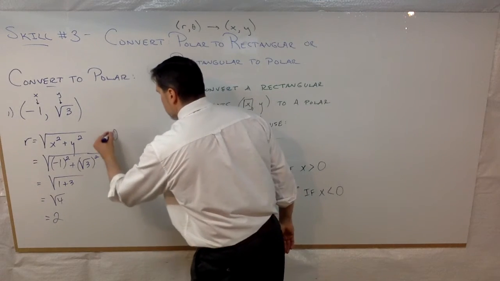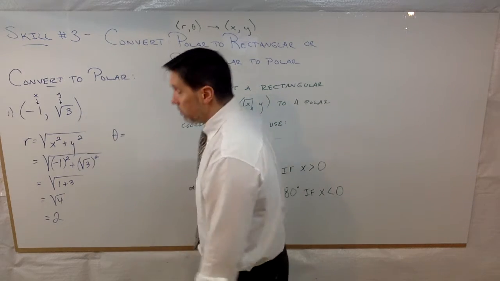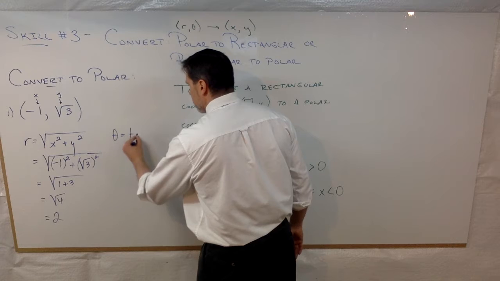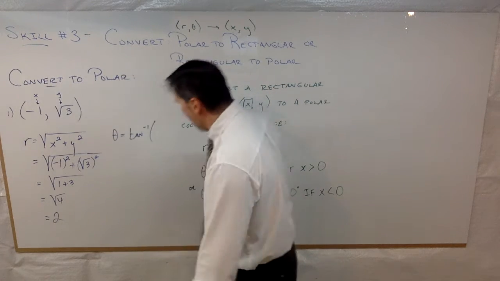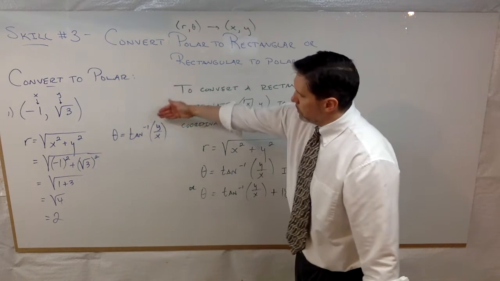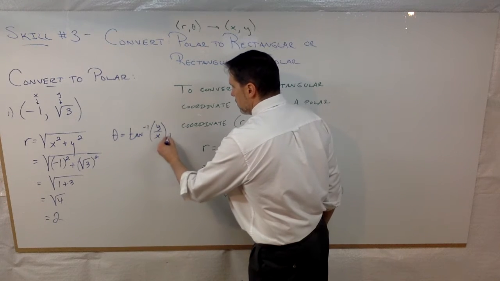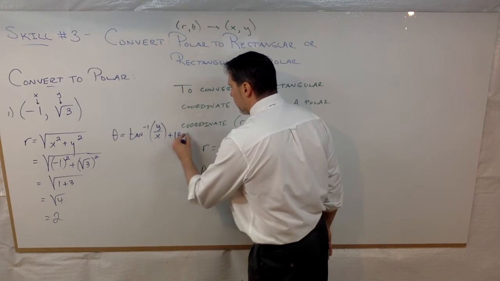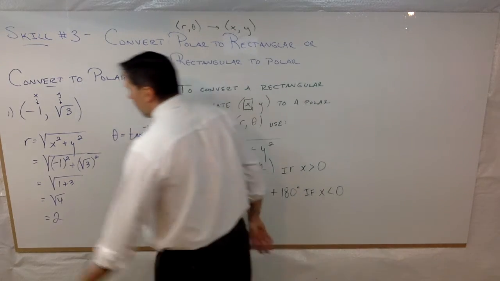As far as your theta is concerned, as long as your x is not 0, it's going to be tan inverse of some sort. So tan inverse, it goes the y over the x. Tangent inverse of y over x, again, that's opposite over adjacent. And in this case, I do have to add 180 degrees, or pi radians if they want this in radians.